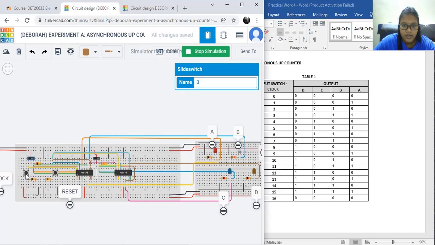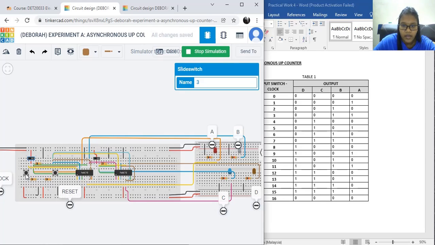Number 3, A1 and B1. Number 4, C1. Okay, number 5, which is A1 and C1.